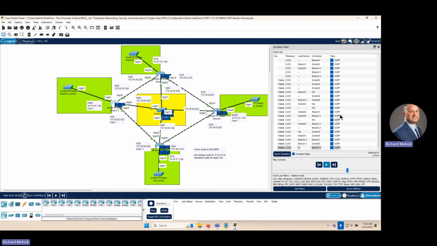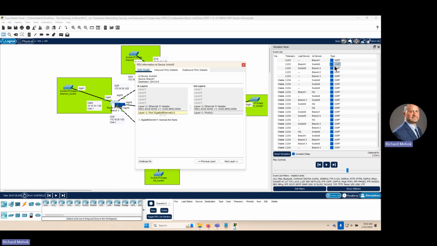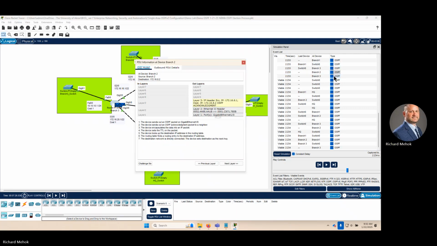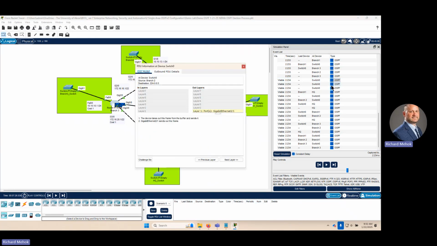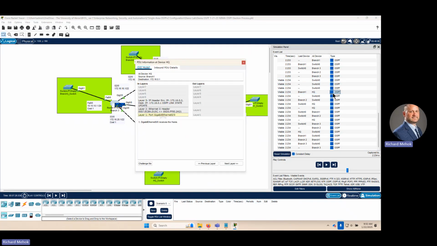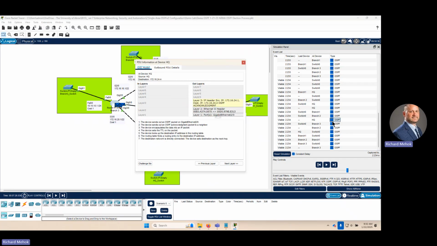So you can on your own start anywhere on the list and keep going through acknowledgement. So these are all being acknowledged that they received the update. So all these are updates, and then we should find there's an acknowledgement with HQ.